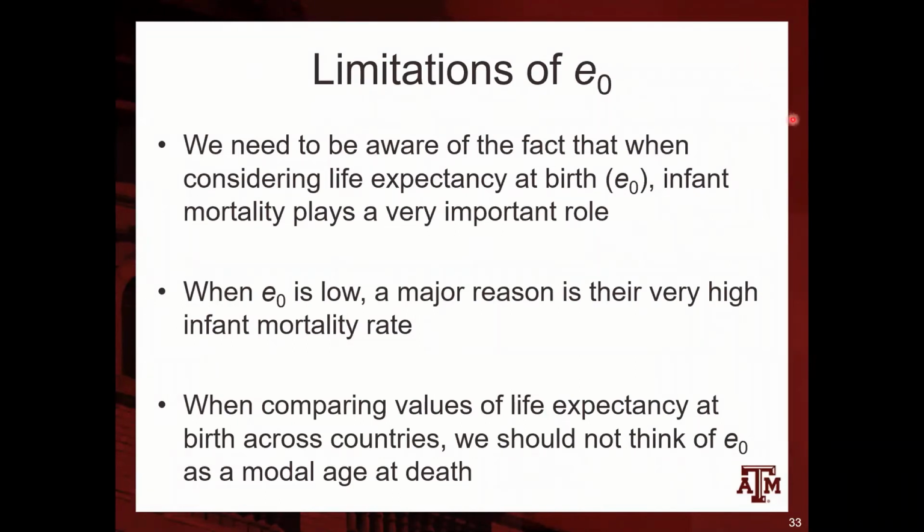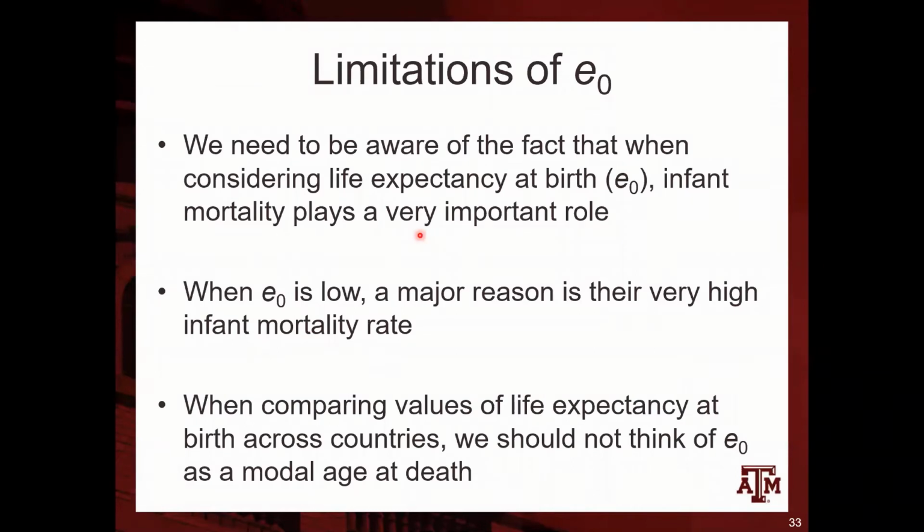There are some limitations with the life expectancy at birth. The life expectancy at birth is symbolized by this e0. So this e0 is a symbol for life expectancy at birth that we're going to use throughout all these discussions here. And we need to be aware that when we consider life expectancy at birth, infant mortality plays a very important role.